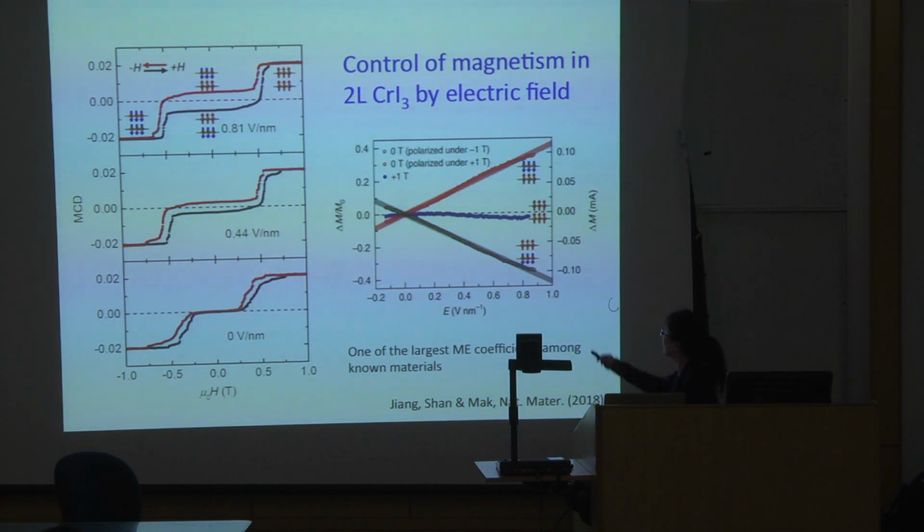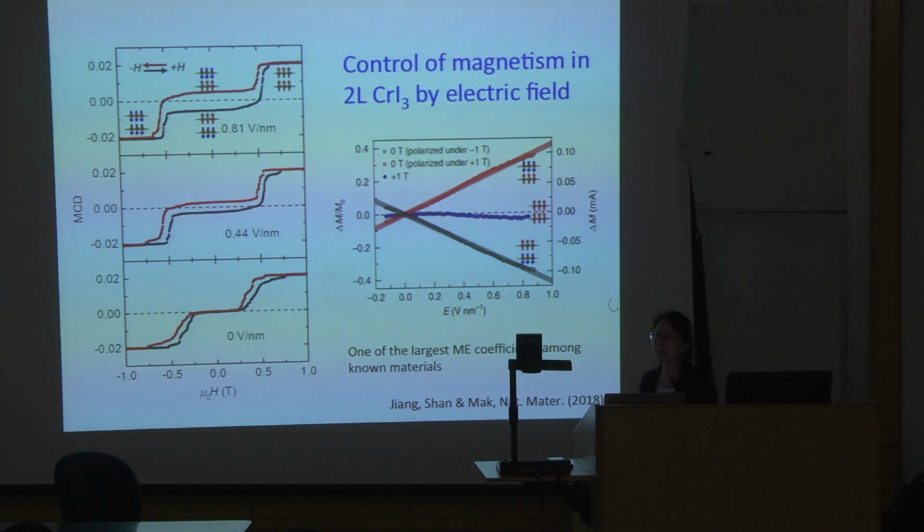And if you look at how large this is as a function of electric field, it goes linear, okay? And that's for the antiferromagnetic region. And if you go here, ferromagnetic, and that's this one, it's much, much smaller, and it's not linear. So there are some higher order effects, but there is no linear magnetoelectric effect.